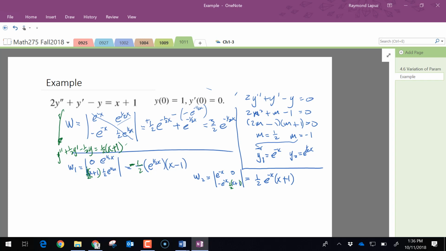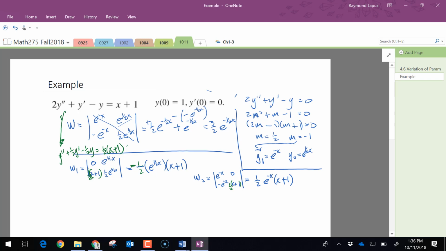Okay. Oh, I put a minus. All my little mistakes, good practice for you guys to find mistakes on things. Whew. All right, now let's divide by W.